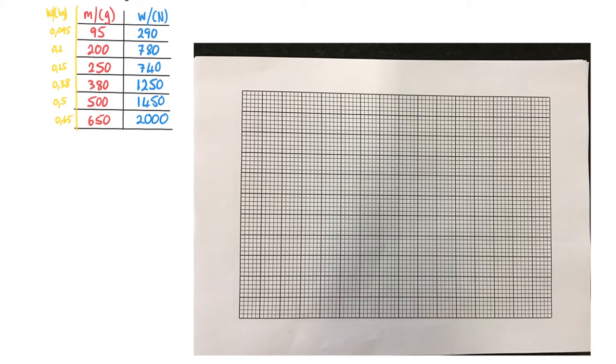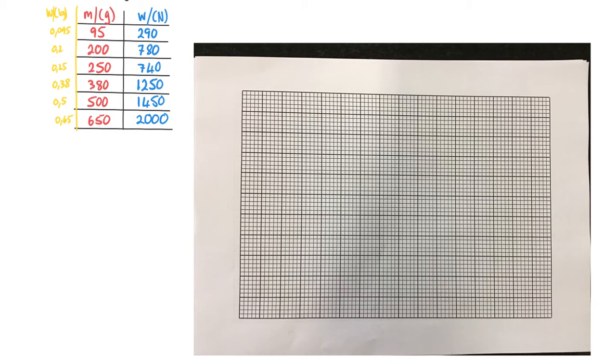I would suggest that you draw your graph in landscape, where the shorter side of your graph paper is on the vertical and the longer side is on the horizontal. There's nothing stopping you from doing it the other way around, in portrait, but I prefer landscape.